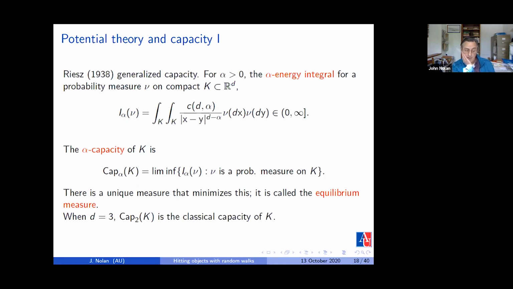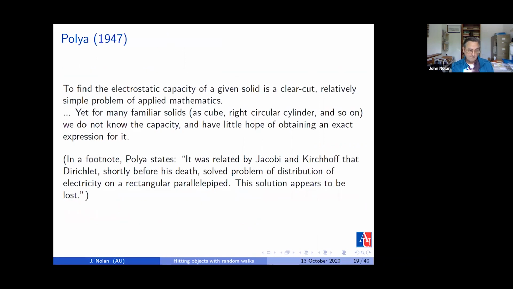There's a lot of theory here, but the one thing we're going to take for granted is there's a unique measure that minimizes this, and it's called the equilibrium measure. Okay. And so when d is equal to 3, in normal three-dimensional space, the 2-capacity of an object K is the classical capacity. And here's a quote from Pólya.